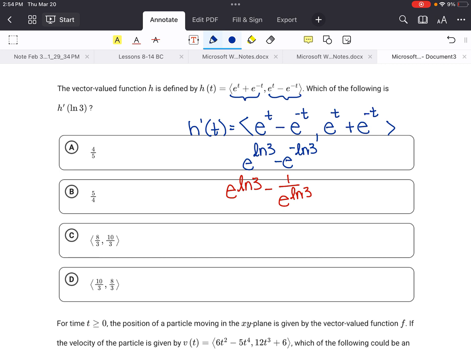And then e and natural log are inverses, so 3 minus 1/3. So that's 8/3. And the only one that has 8/3 for the x is C, which happens to be the correct answer.